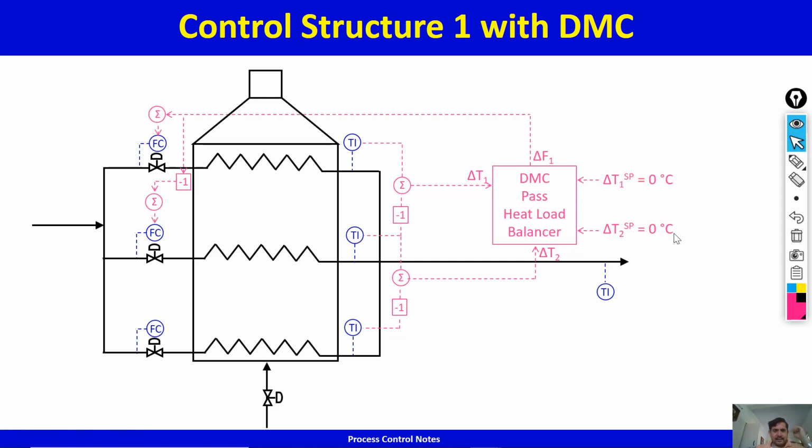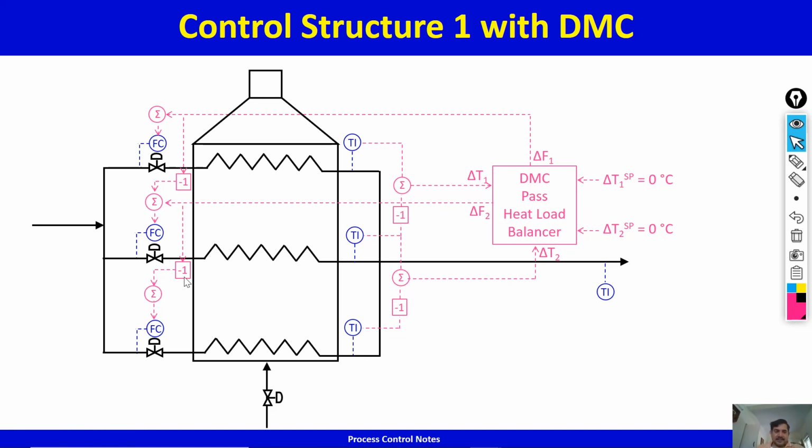It will output delta F1 and delta F2, and this delta F1 and delta F2 are implemented so that if delta F1 is a certain magnitude, F2 will be changed by the same magnitude in the opposite direction. If delta F2 is changed by a certain magnitude by the heat load balancer, then F3 is changed by the same magnitude but opposite direction. And this arrangement ensures that F dot remains fixed.